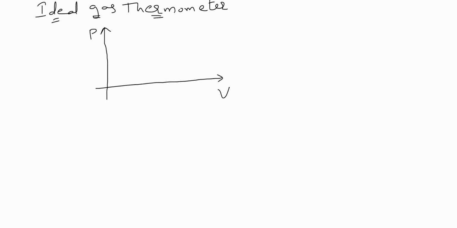Let me use another color. So this is the ideal gas property. The ideal gas property is that when we reduce the pressure and increase the volume, it just keeps on going, and at a point it just stays like this.